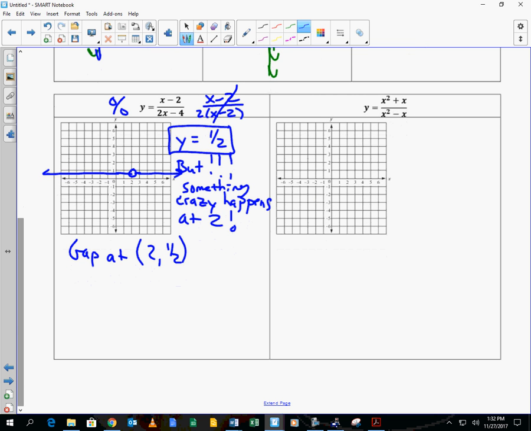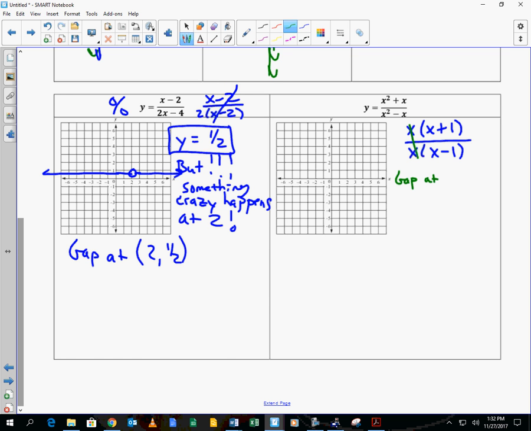One final example. Does something factor out? What factors out? So what divides off? Since it divides off, there's going to be a gap at what? Look at here.